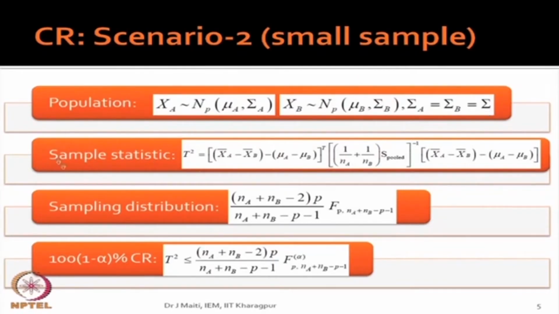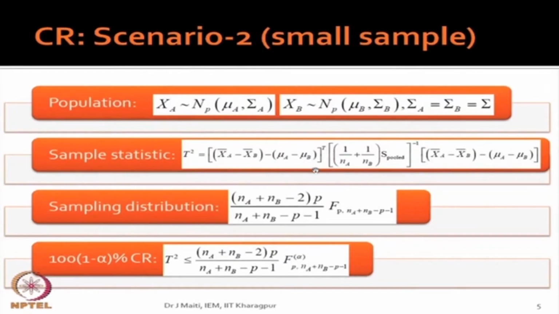And your sample statistic is, what is my random variable? X_A bar minus X_B bar, minus its expected value. Please get the connection, the link point. We said the random variable minus its mean, its expected value. The expected value of X_A bar minus X_B bar is mu_A minus mu_B.